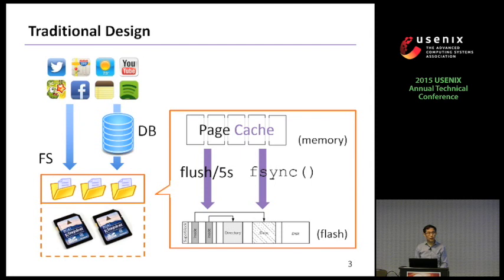And databases rely on fsync to maintain consistency. That's why just now we saw so many fsync calls. After all, the key property is that we regard data as reliable only when data has reached the flash media, right? So that's the key assumption.